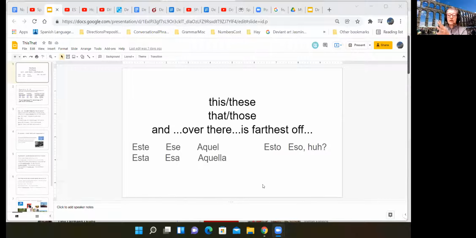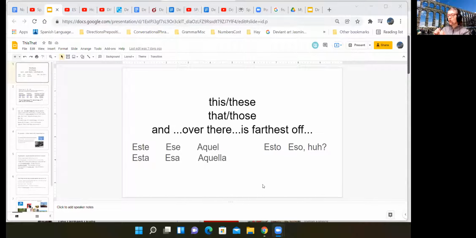That and those in Spanish is not necessarily really far from the speaker, but it's not right next to the speaker generally. And then Spanish gets a totally different category, which indicates distance from both the person talking and the person I'm talking to.